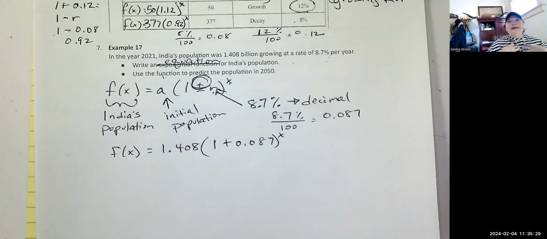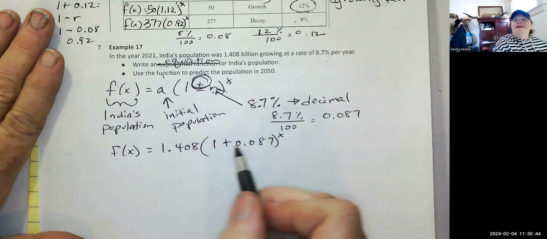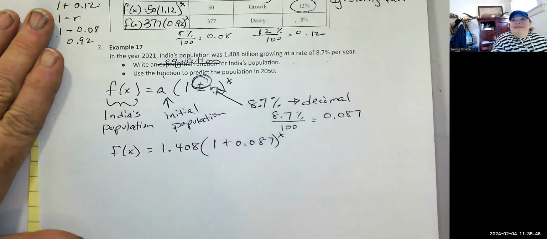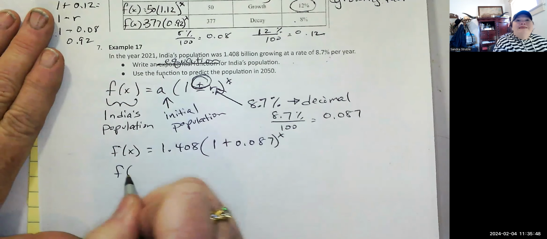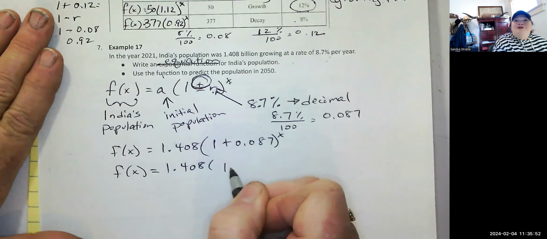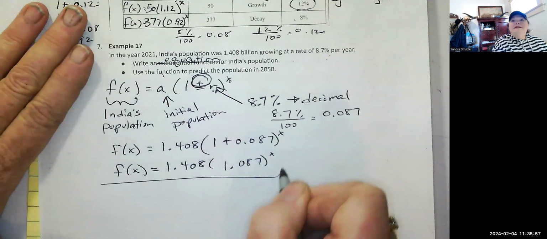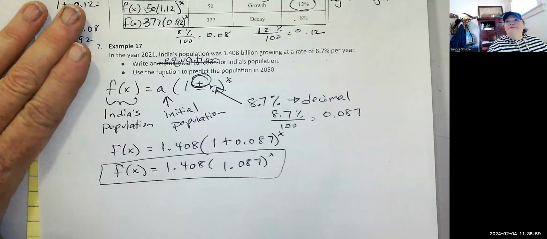If you can do anything regarding the order of operations in a problem and you choose to not do that, I'm going to take a point off for each time you do that. Don't leave money on the table. Get all the points you can. So this is a 1 plus a number. Have it. That's all you got to do. Whenever I ask you for an equation, just add those two numbers. Not hard. Just do it, because otherwise I'm going to take a point off your exam, just to let you know.